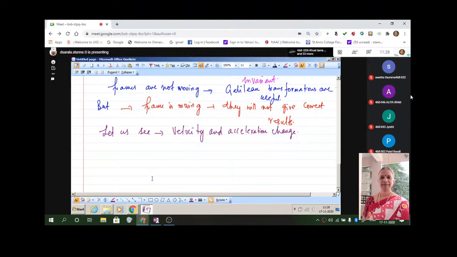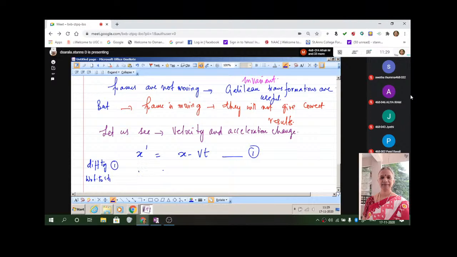So, from equation 1, we have x dash equal to x minus vt. Differentiating equation 1 with respect to t, what do you get?